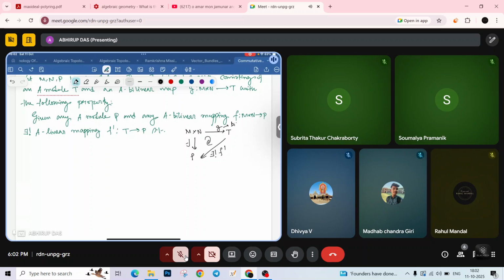Remember, this map is bilinear and this map is linear.